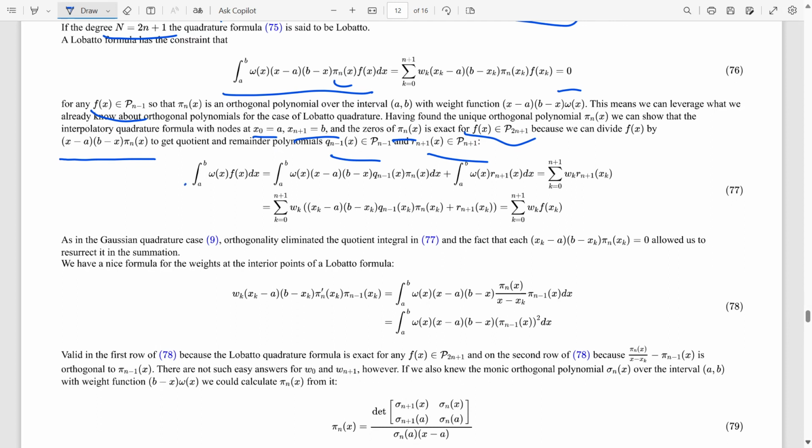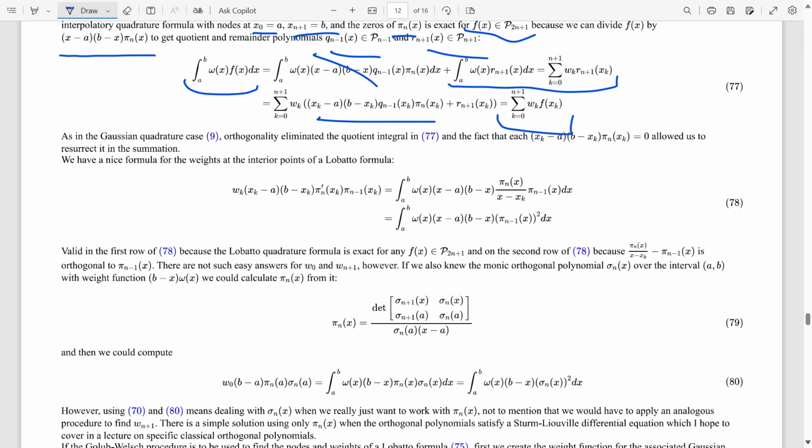And now here I'm trying to evaluate my integral. Now the quotient part of the integral is 0 by orthogonality, and the remainder integral is exact because the formula is interpolatory. Then we can reconstitute the quotient term, because it's 0, in the sum, reconstituting f of x, and that proves that our Lobatto formula actually does work.